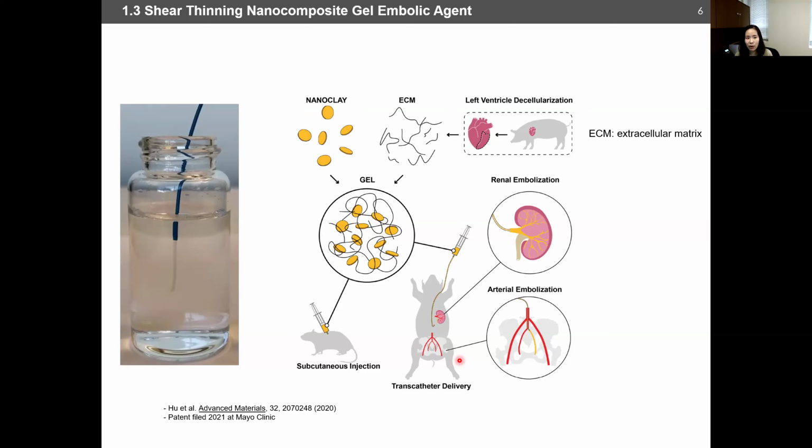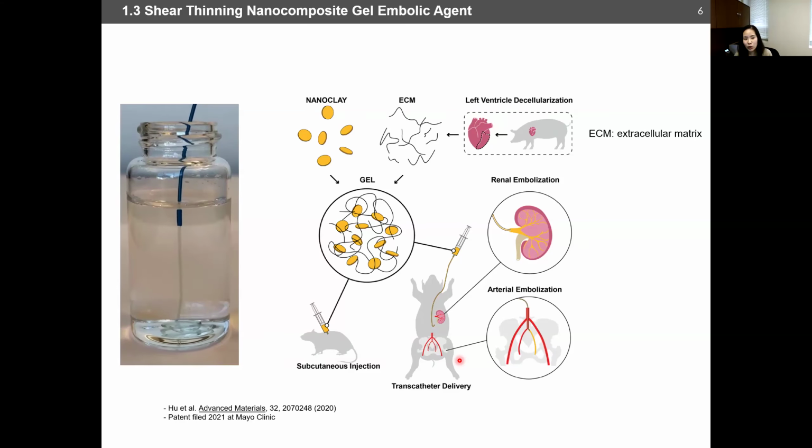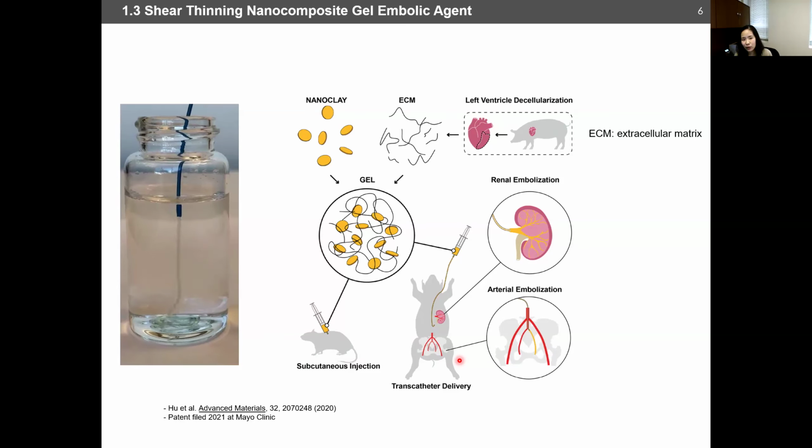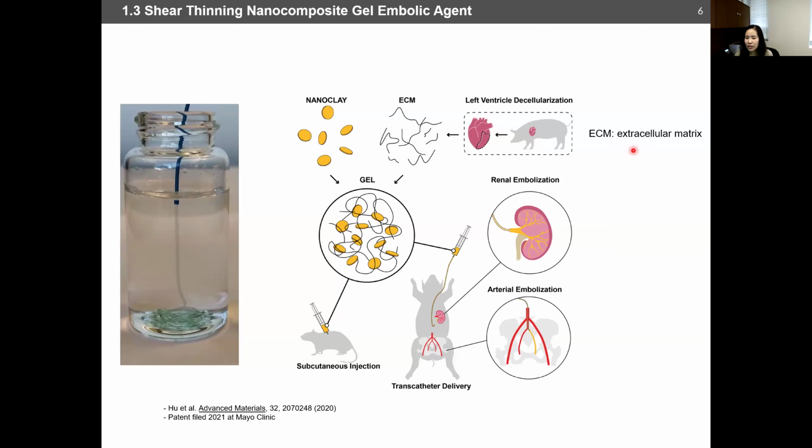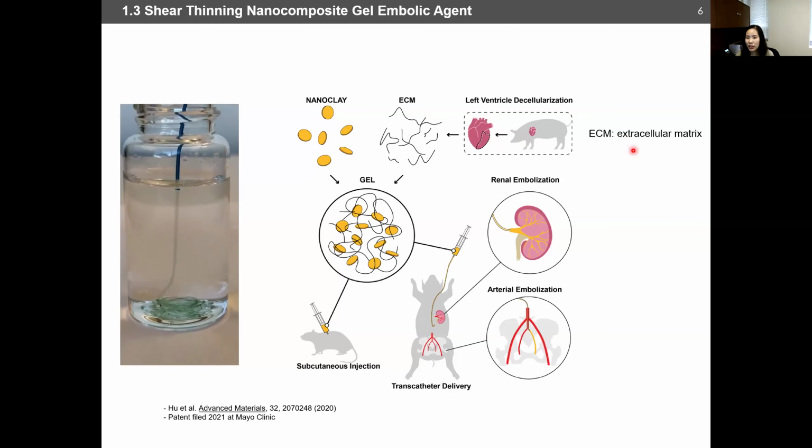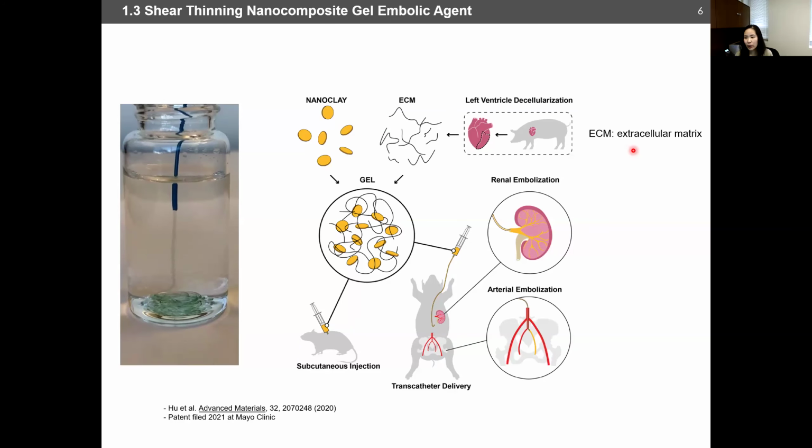There are really different types of embolic agents. So here I want to introduce one of the very first ones. It's coming from a bioactive material. And if you know, this is extracellular matrix, and it's really where the cell's original home is, because essentially we want to heal this diseased vasculature.